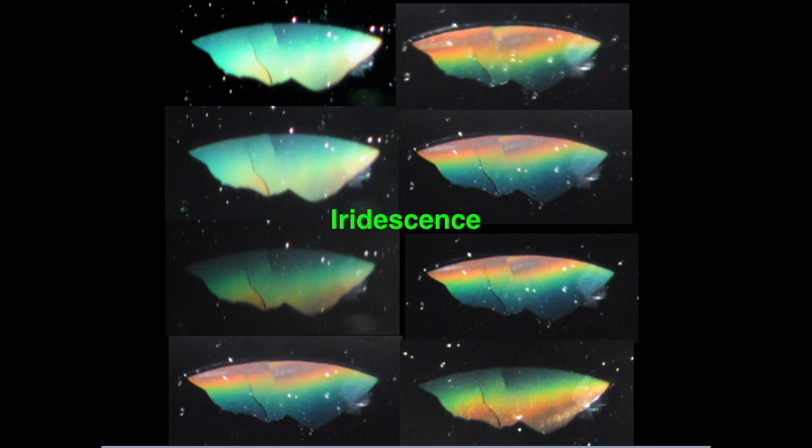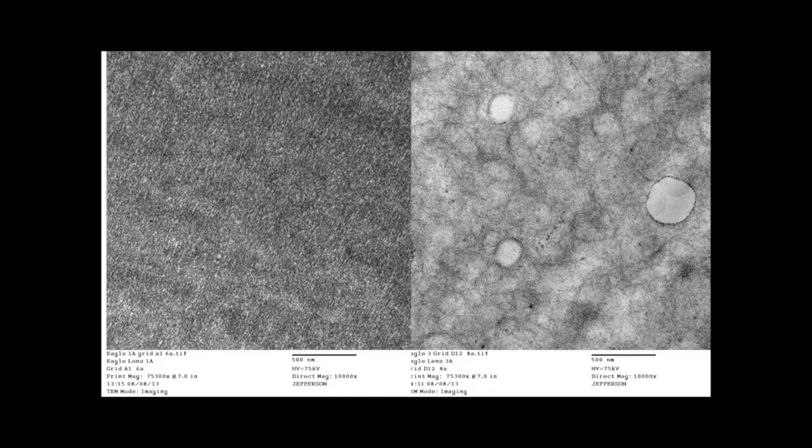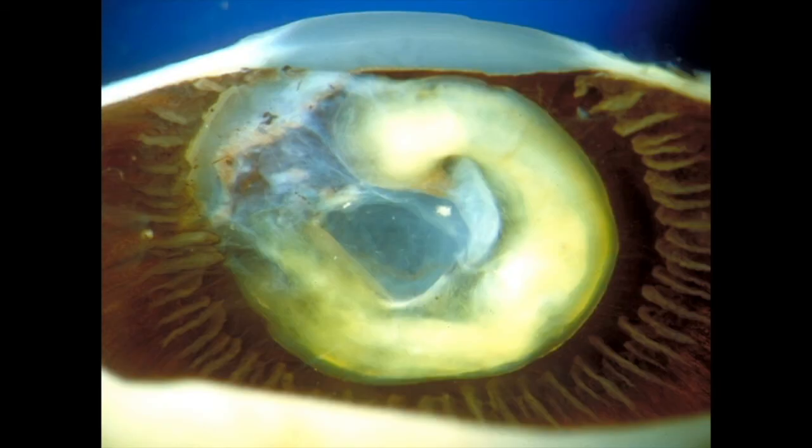We can see that the color of the lens capsule changes when the incidence of illumination changes, which is consistent with the definition of iridescence. Electron microscopy shows abnormalities in the capsule that are probably responsible for this.